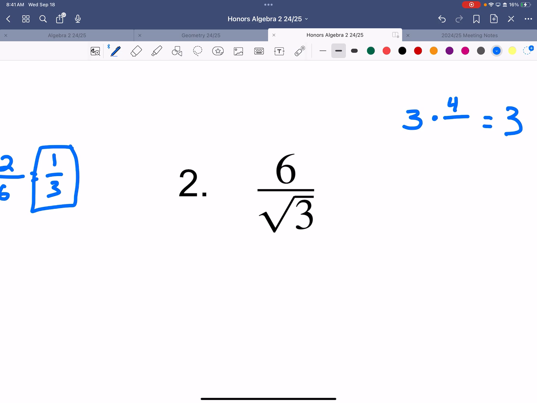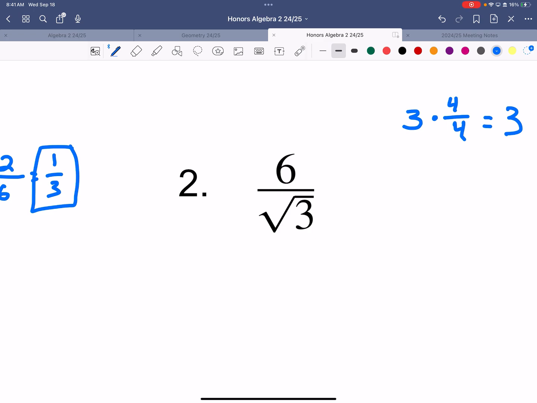What has to go in the denominator of that? Because we just said that 3 times 1 is 3. So 3 times 4 over what is still 3? It's 4 over 4. So if I multiply this by 4 over 4, 4 over 4 is just 1, right? I haven't changed its value, but I've done something different.